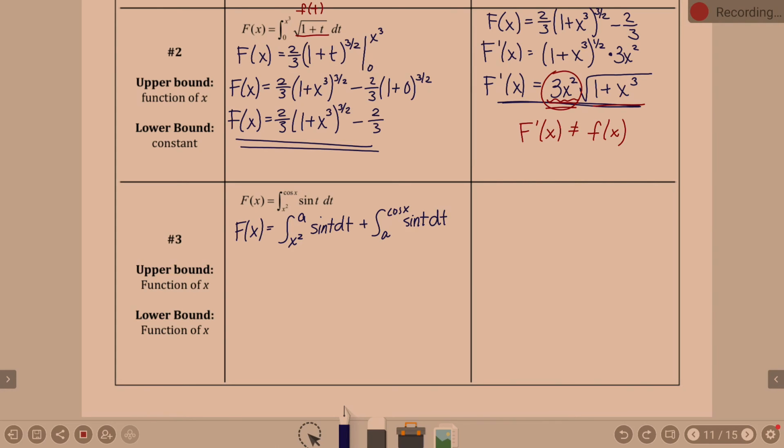How do we flip-flop those? That's the negative, right? So I'm going to rewrite this now as the negative of the integral from a to x squared of sine t dt, plus the other one stays the same, the integral from a to cosine x of sine t dt.